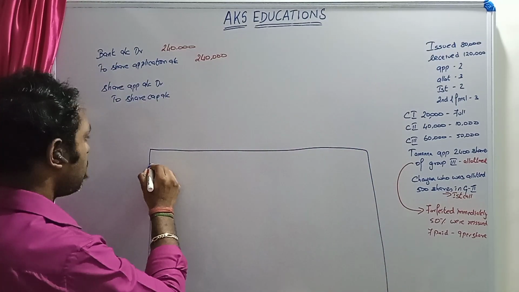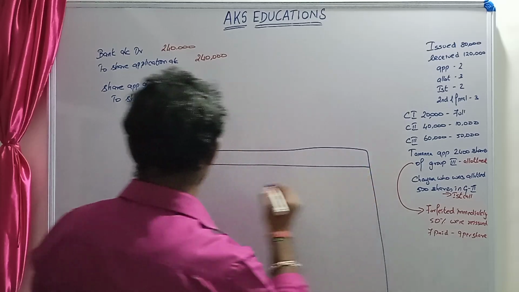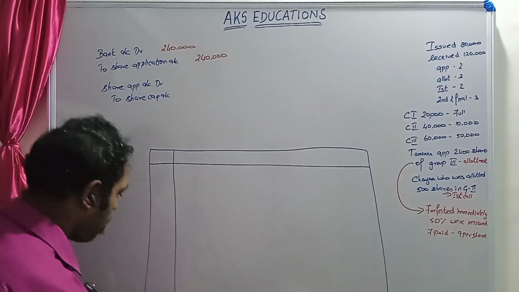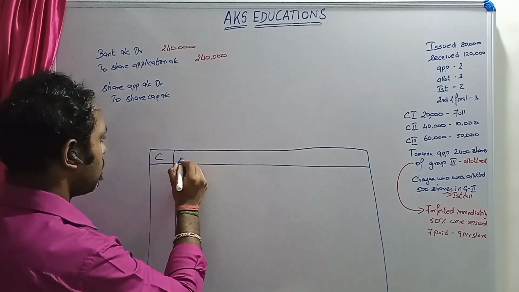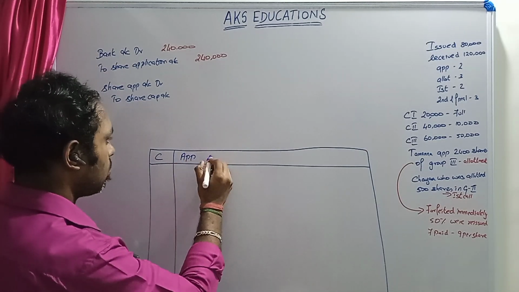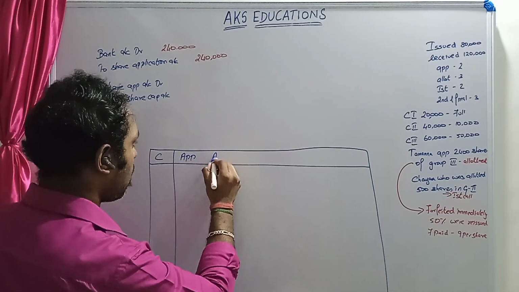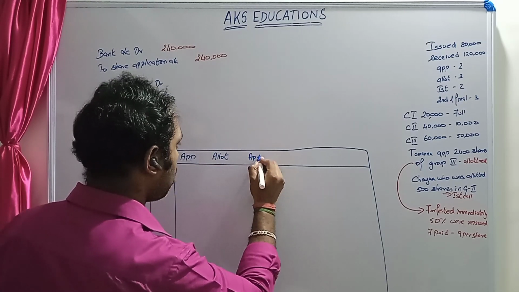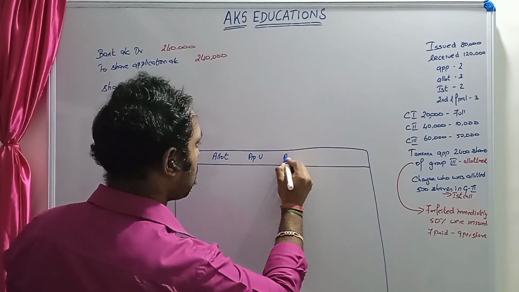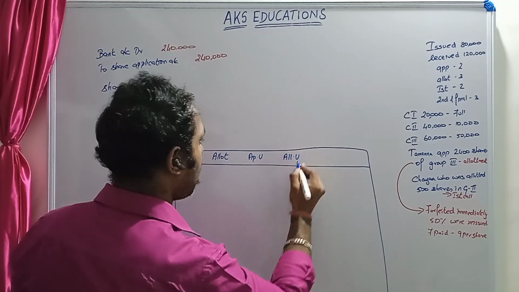So this is a small table which I'm drawing. The first column gives me the category. Second one, applied. Next, allotted. Next, applied value. Next, allotted value.